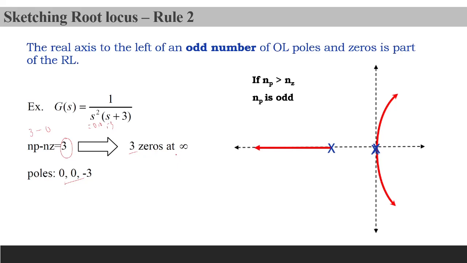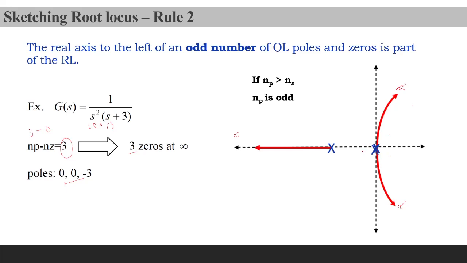And again, we will place such that one pole would get attracted to the 1 zero at infinity, and another two poles which are coincident would be connected to the root locus heading towards infinity, towards their respective poles.